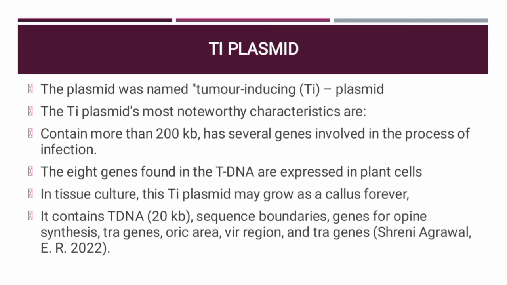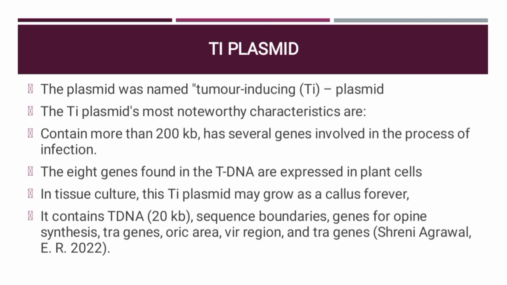It contains 8 genes found in the T-DNA, which are expressed in plant cells and give rise to malignant characteristics of the transformed cells. In tissue culture, this Ti plasmid may grow as a callus forever, even in the absence of phytohormones, which are necessary for healthy in vitro cell development.